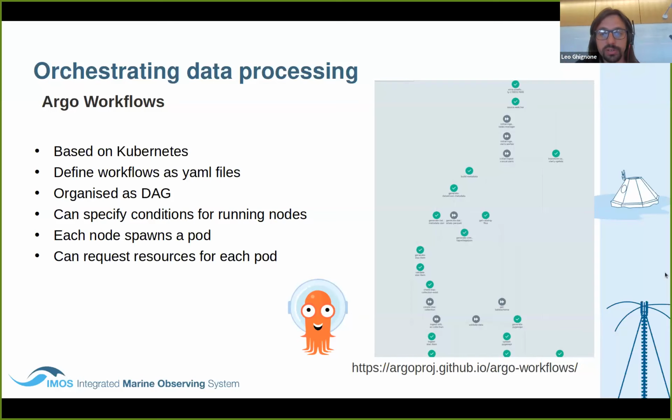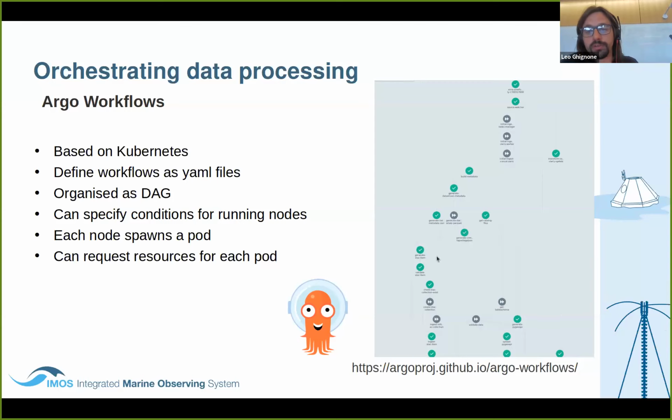And to orchestrate all of these, we use Argo workflows. This is a framework designed for Kubernetes, and it allows us to write YAML files that define workflows. These workflows can be organized as graphs, directed acyclic graphs. You see a small picture here of our workflow run.